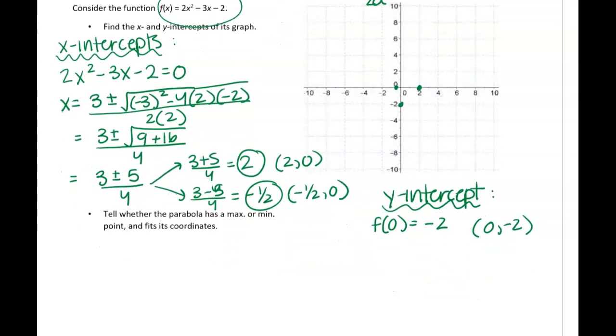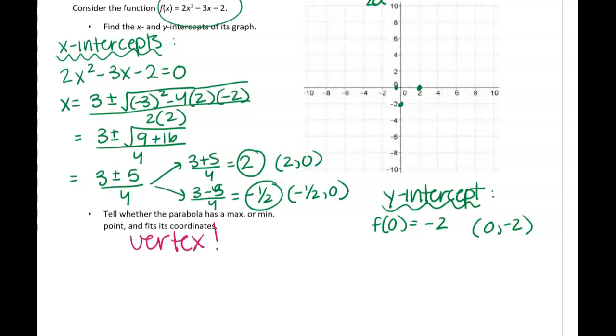So we'll tell if the parabola has a max or min point, and whether it fits its coordinates. So let's find our vertex. That's really what we're going to want to do here, because otherwise we're not really sure what our minimum value is. We kind of have an approximation, but we're not positive.